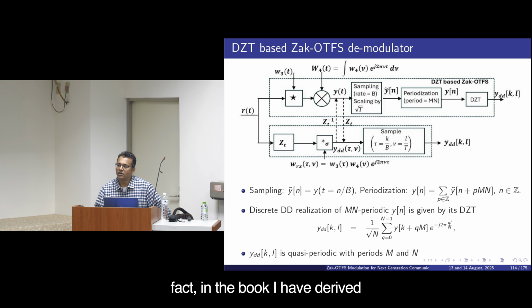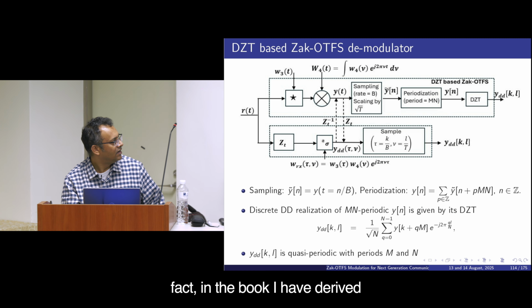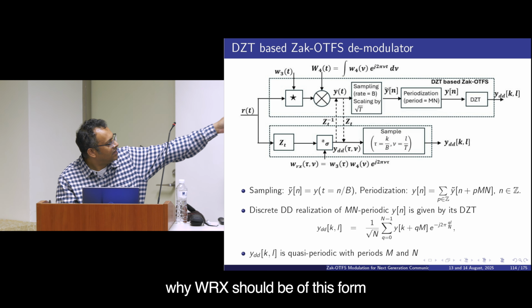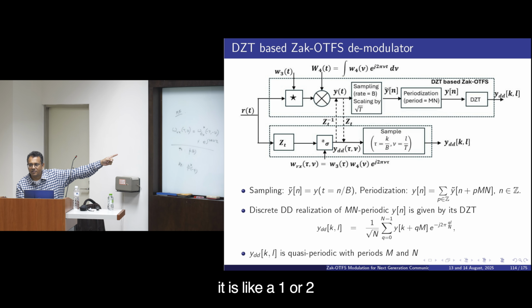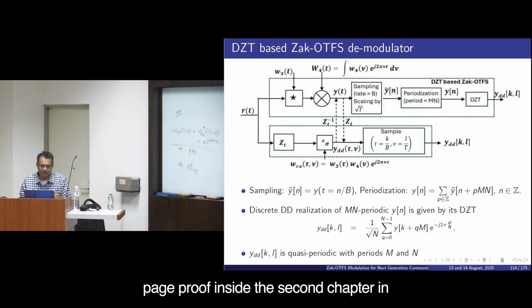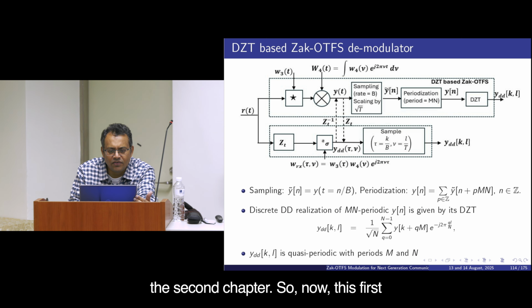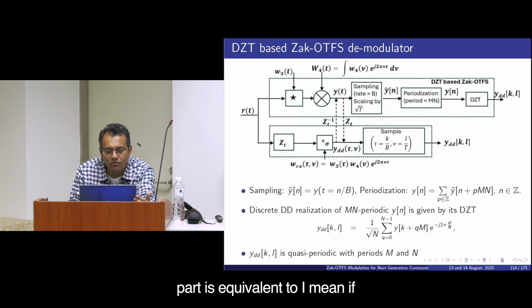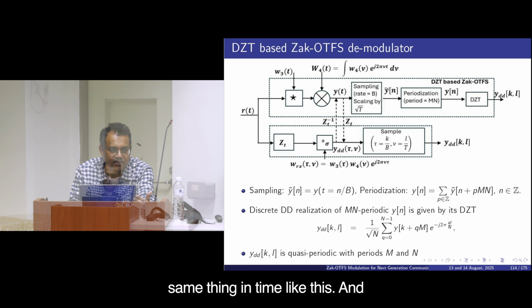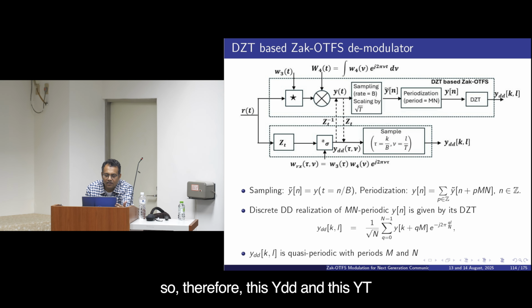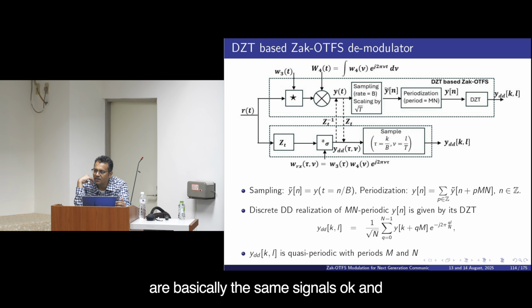In fact, in the book I have derived why W_RX should be of this form. It is like a one or two page proof in the appendices of the second chapter. Now, this first part, if you are doing a two-dimensional convolution with this filter, then you can do the same thing in time like this, and therefore this y_DD and this y(t) are basically the same signals, okay.